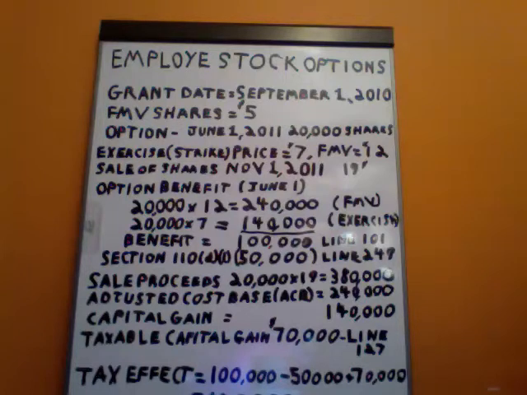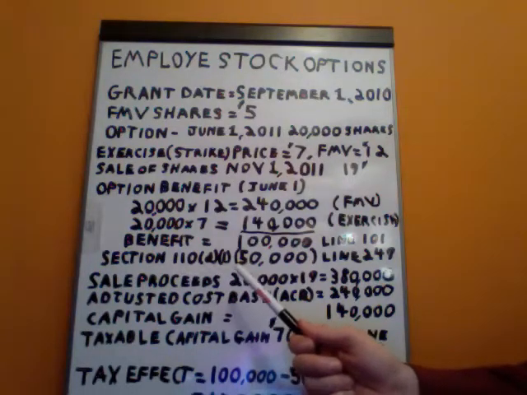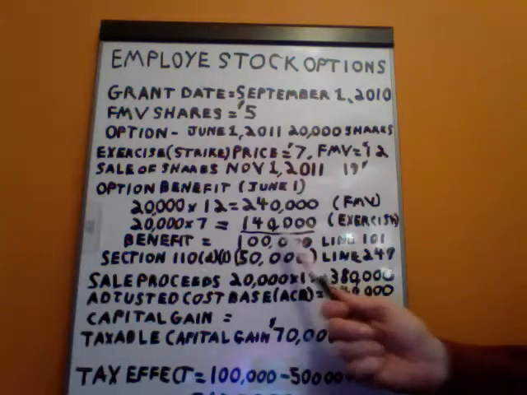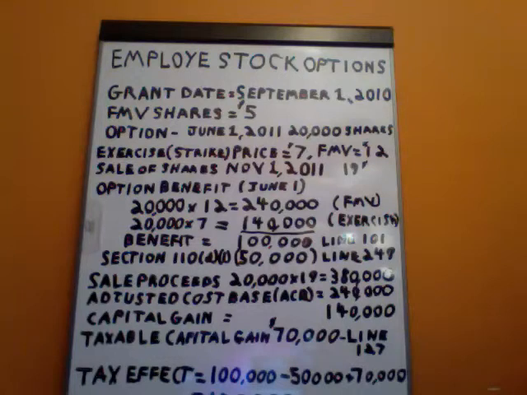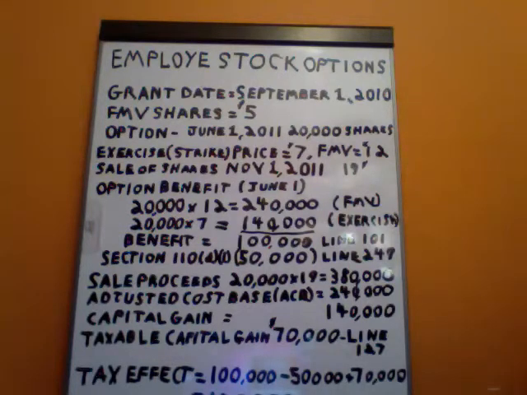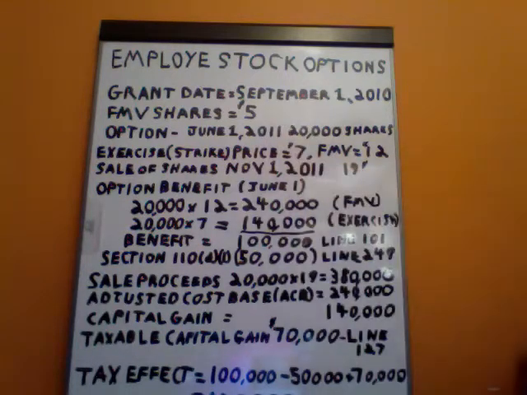Now the second component is the option benefit deduction, or section 110(1)(d). That works out to 1/2 of the benefit, which is $50,000. He is definitely eligible because the exercise price of $7 is greater than or equal to the fair market value on the date of the grant of the shares, $5.